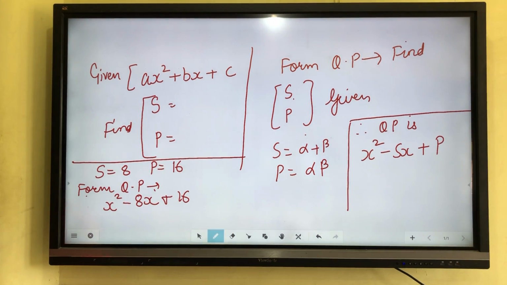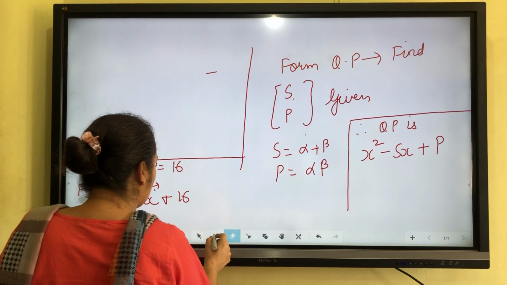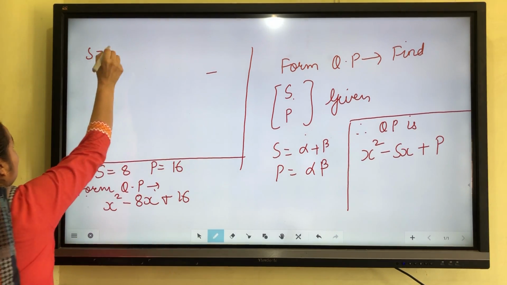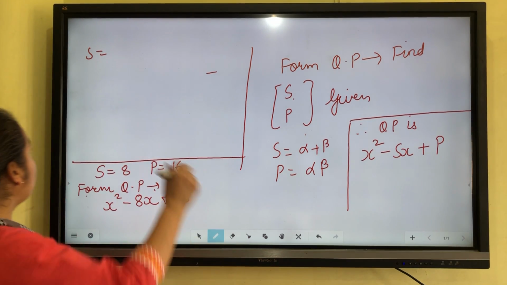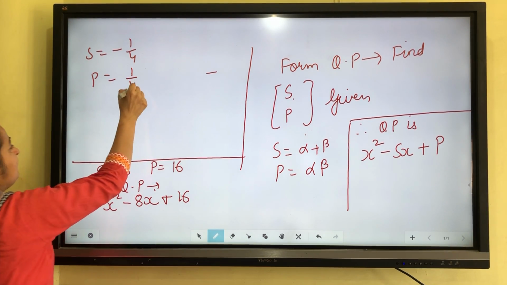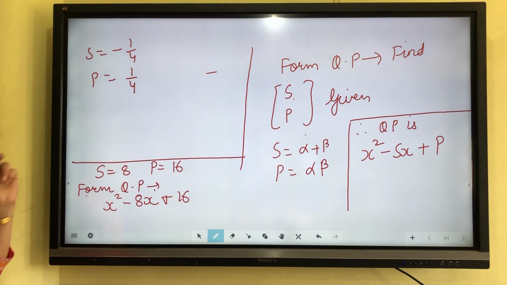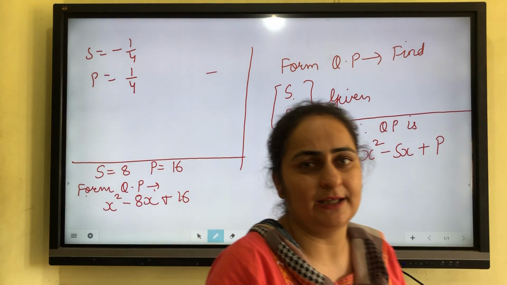This is the method. If the question gives that the sum of the polynomial is minus 1 upon 4 and the product is 1 upon 4, that depends upon the question, whether sum and product are given or zeros are given.